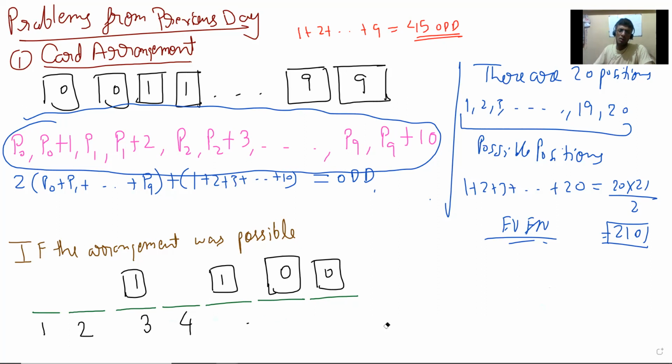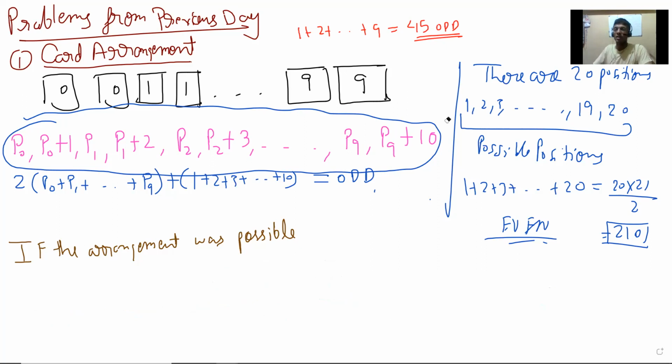Because you see, the problem with this is that there are so many different arrangements that are possible. There are so many ways to try this out, right? So many ways that you can arrange these 10 cards in 20 positions, right? That's why it's hard to do a reasoning which is based on all possible arrangements, something like induction or something.